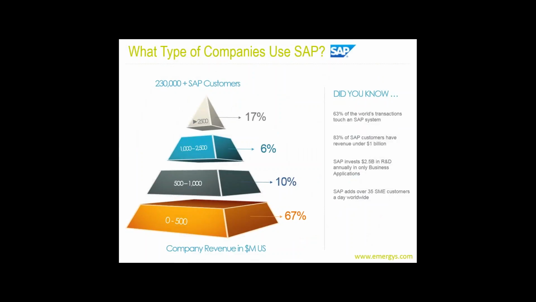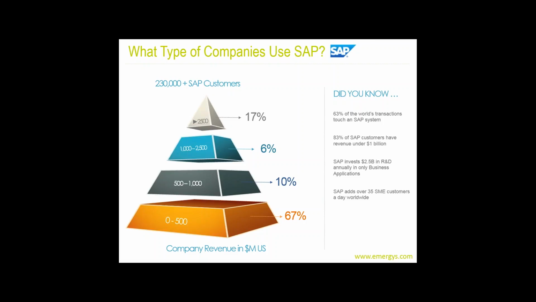SAP we could talk a lot about. I try to keep it simple, and really this, to me, is a single screen that we can talk a lot from. So contrary to potentially popular belief, SAP is for the small and medium enterprise. As you can see, 67% of the customer base that uses SAP is in the 0 to 500 million space. So it's not just for the Fortune 100s, the Fortune 500s.